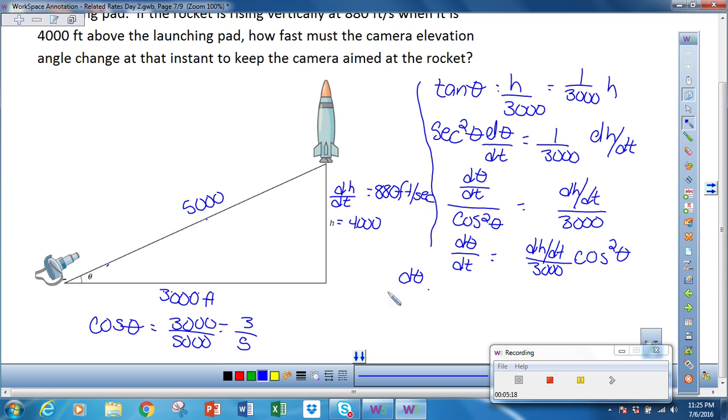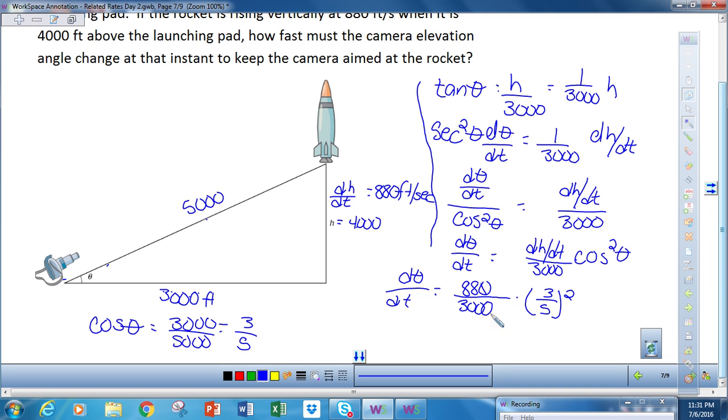So d theta dt is equal to dH dt, we know, is 880. We know that this is 3,000 times cosine theta, which we now know to be 3/5 squared. And I do not have a calculator, so I'm going to simplify this as best as I can.